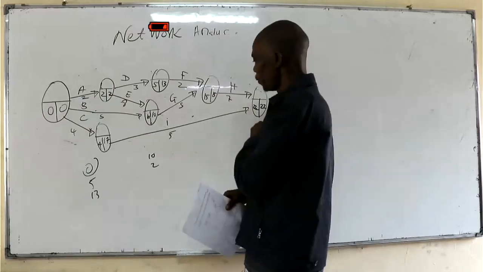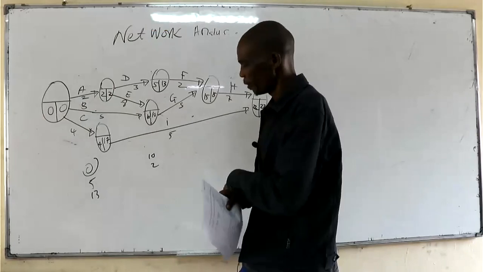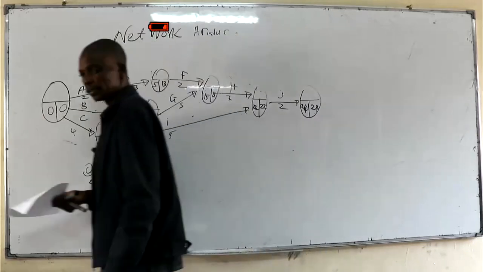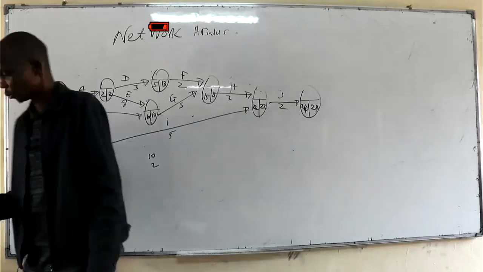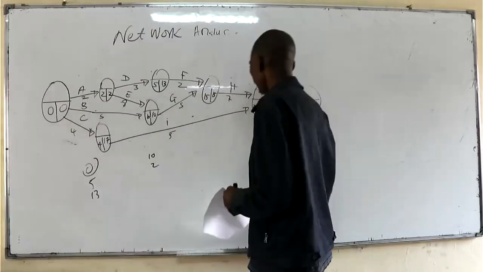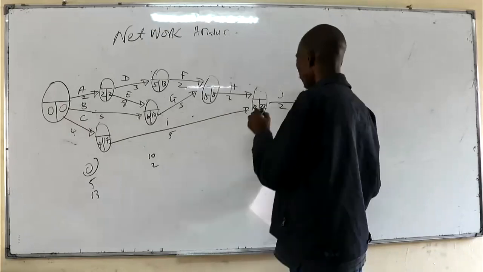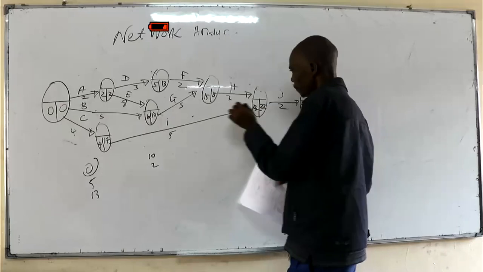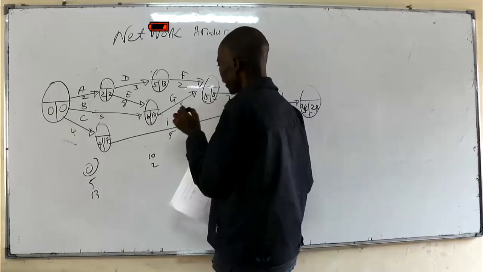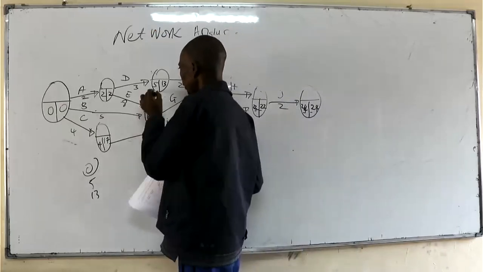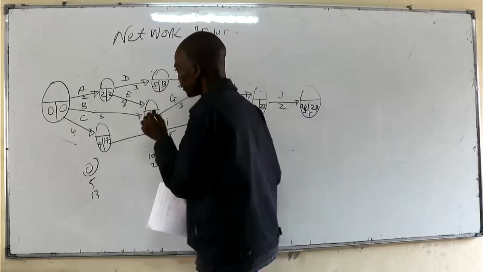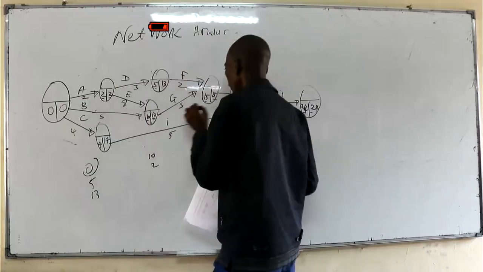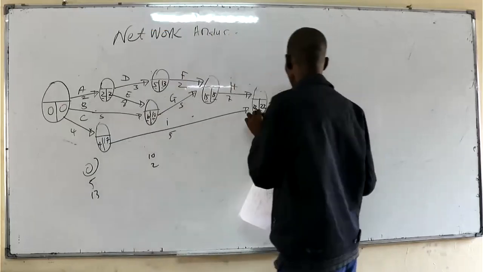And then we want to determine the critical path. We have said the critical path is a chain of activities with the largest time duration. The easiest way to determine the critical path is to look at where the start date and the end date are similar. If you look at this, we have 2, we have 10, we have 15, we have 22, and we have 24.